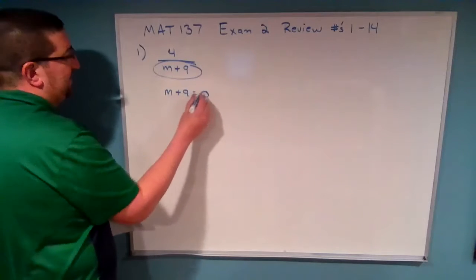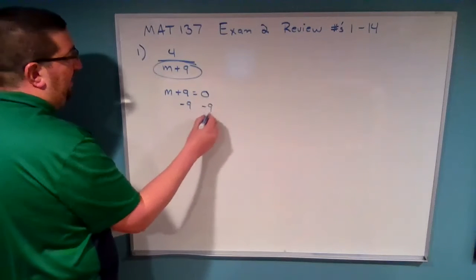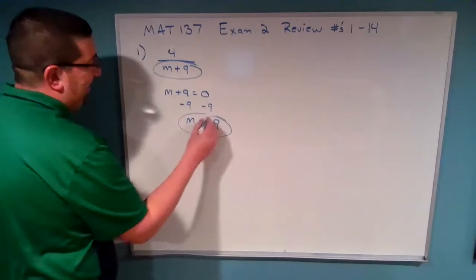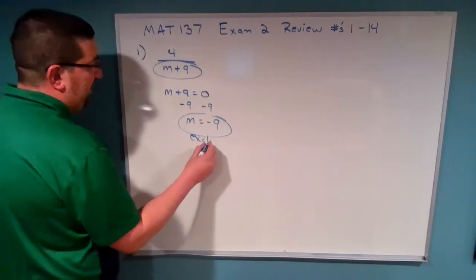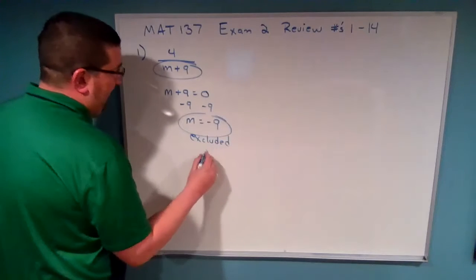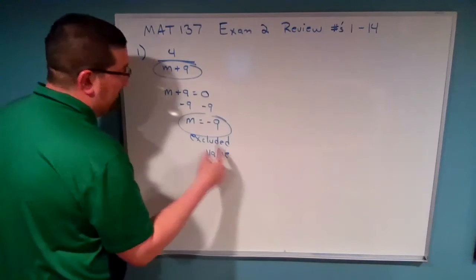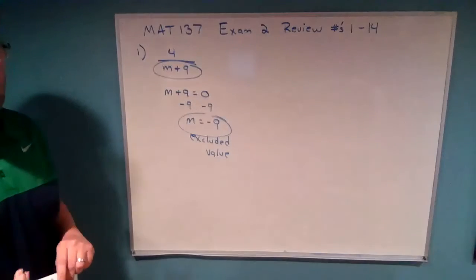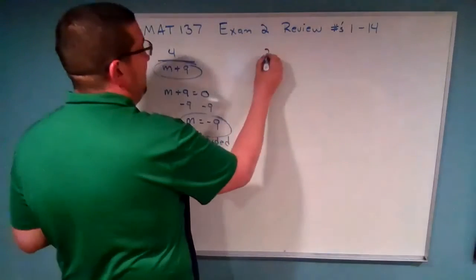We set that equal to 0, and we solve. So m equals -9. -9 would be an excluded value. It's an excluded value because when plugging in, it would make the denominator 0, therefore it being undefined.